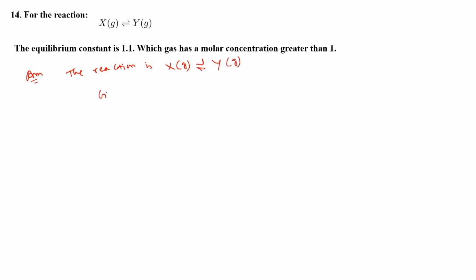So, given Kc is concentration of Y by concentration of X, is 1.1, right. So, concentration of Y is concentration of X times 1.1, right. Now, there will be three cases, right.